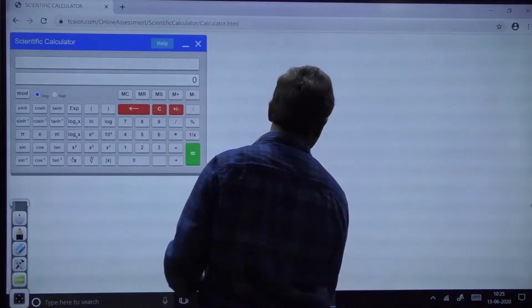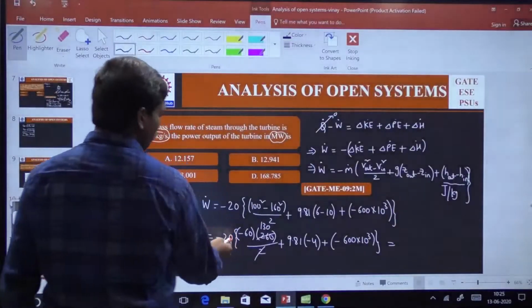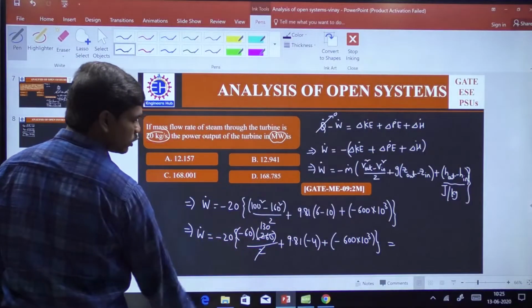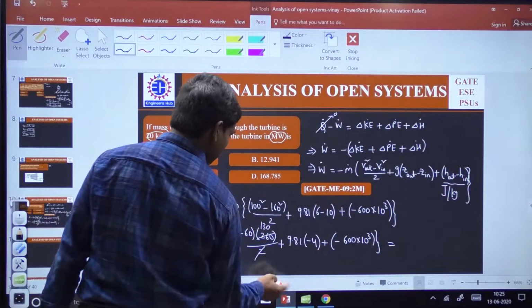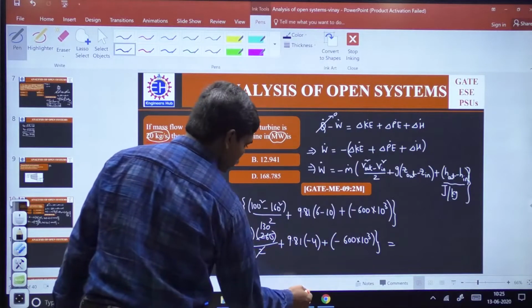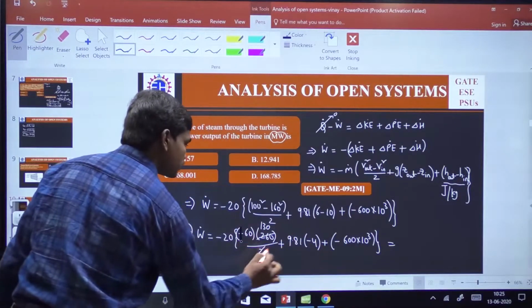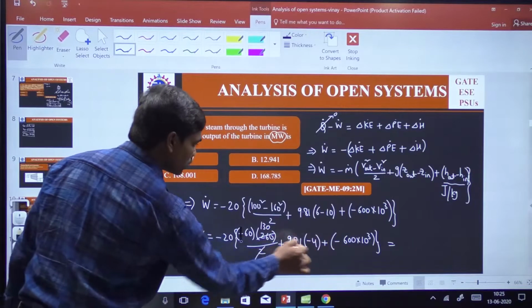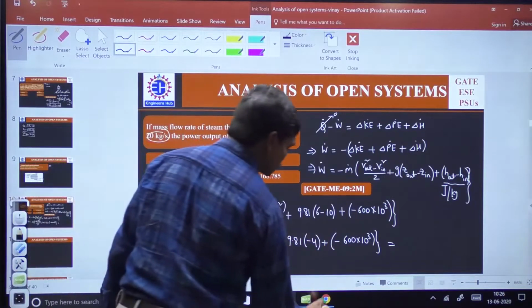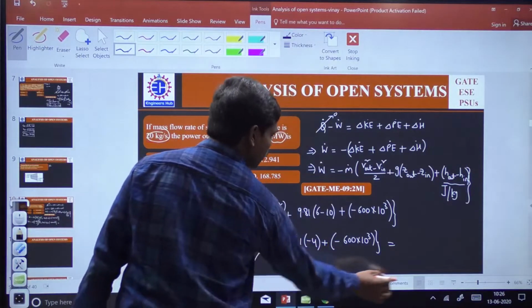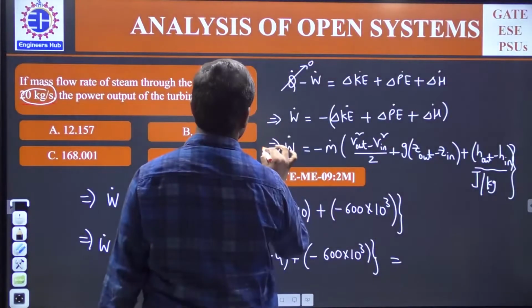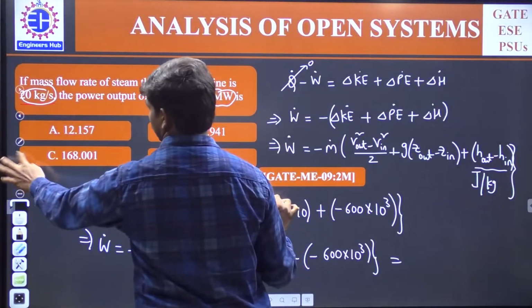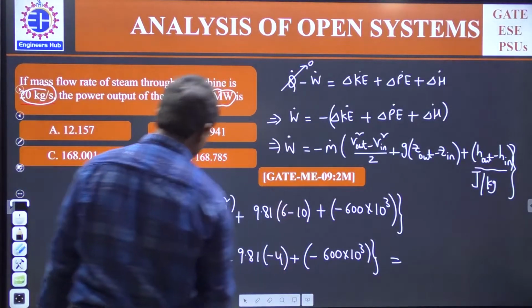So see here, let us calculate this value now. Minus 60 into 130, correct? Let us cancel this minus sign in all three places, so we'll be getting positive values.